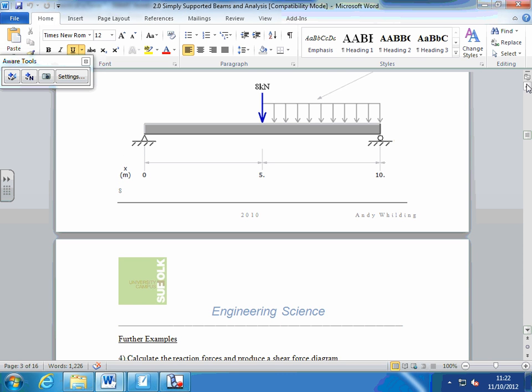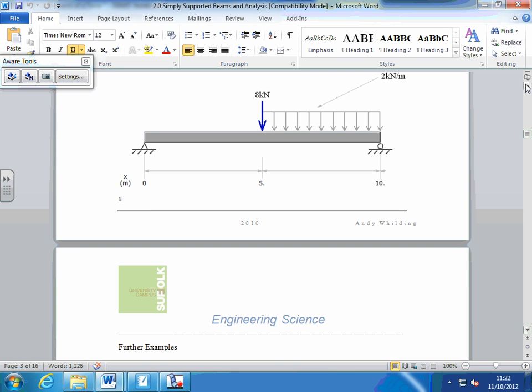So now you've got a point source of 8 kilonewtons acting down, but also a UDL of 2 kilonewtons per meter acting down. So what I would then do is find the resultant and assume that's acting in the middle of the UDL, from there to there. So 2 kilonewtons again multiplied by the distance will give you the size of that force.